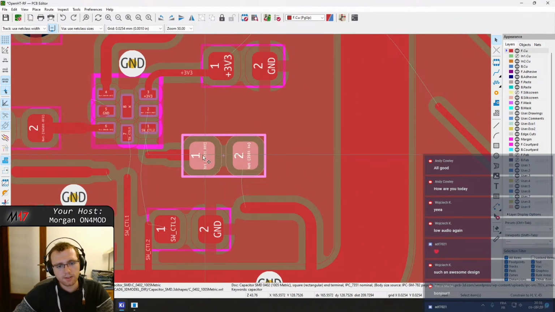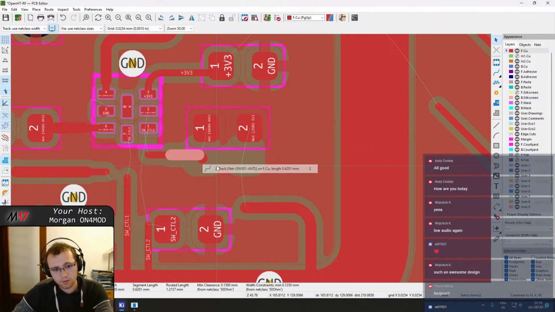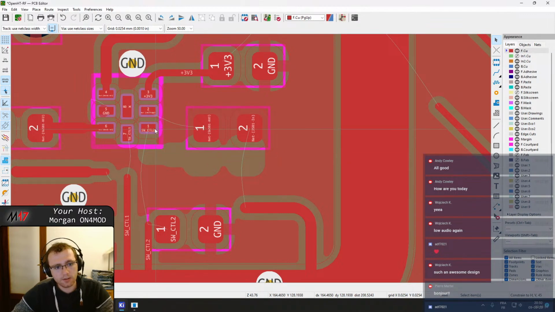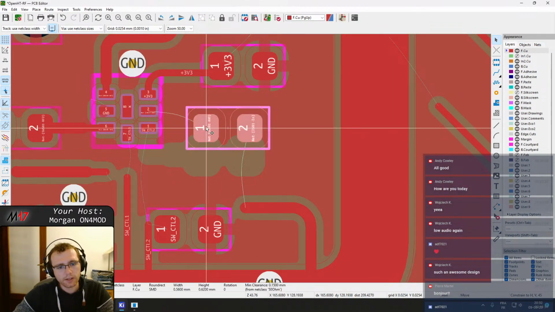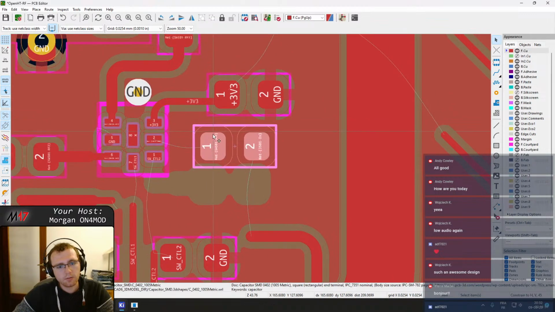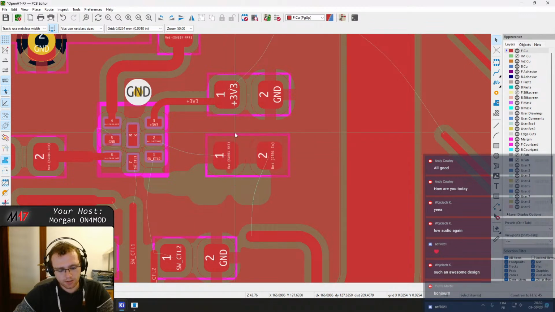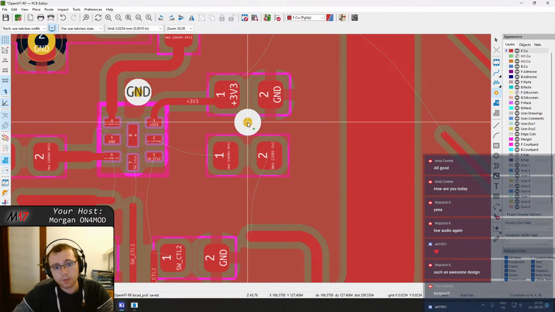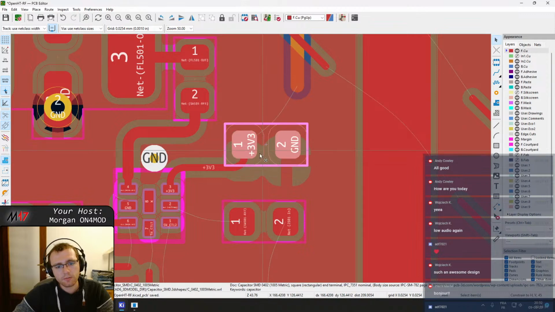Okay, and so this capacitor needs to go here. Oh no, it needs to go higher. But then, if I make it too high, I guess it will not fill the ground here. Would it be okay? So, okay, let's raise that a bit more.